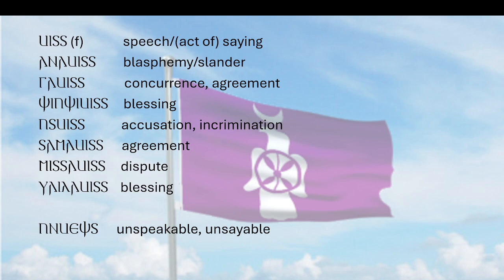Now we also have an adjective which is derived from, or etymologically related to, the word kris and its verb counterpart krisan, and that word is 𝑌𝑁𝑰𝑹𝑺, meaning unspeakable or unsayable.